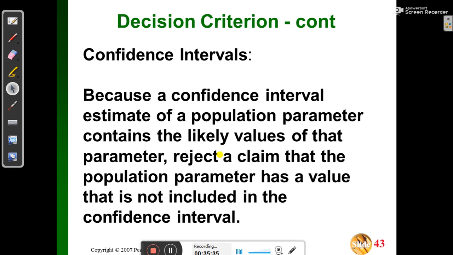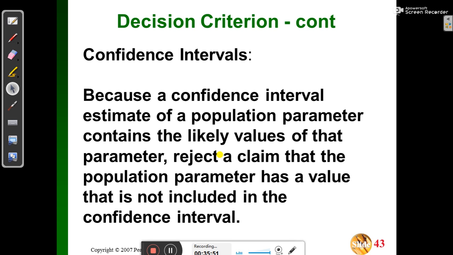There is one other idea, that is confidence intervals. A confidence interval estimate of a population parameter contains the likely values of that parameter, and we can reject a claim that the population parameter has a value that is not included in the confidence interval.